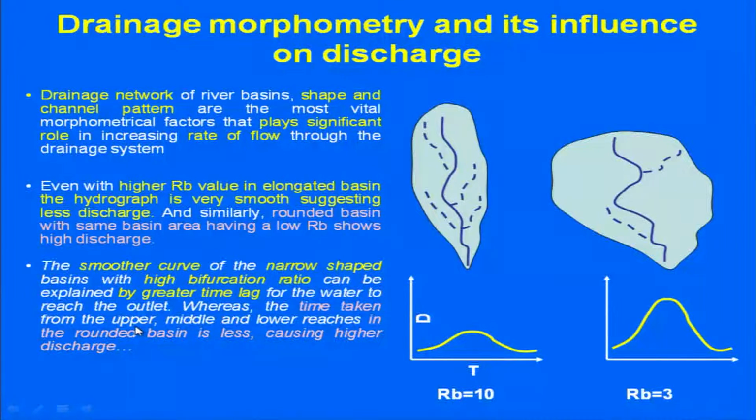So the time taken by water coming into the basin from the upper, middle and lower reaches in the rounded basin is less, and that is the reason which causes higher discharge. So the discharge is much higher with RB value 3, and the discharge is much less in the case of the elongated basin. So basin shape and drainage density influence the discharge also.